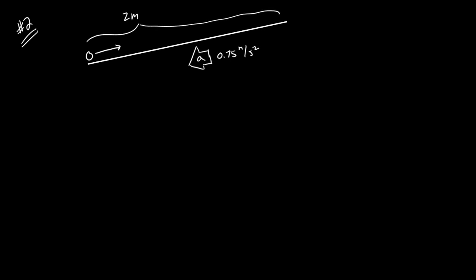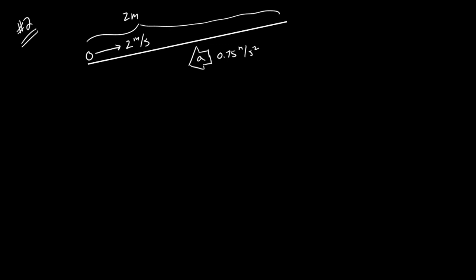And is this the one where it gave us the starting velocity and wants to know if it makes it to the top of the ramp? Yeah. What is that starting velocity? 2 meters per second. Okay. You have a couple choices about how you work this out.